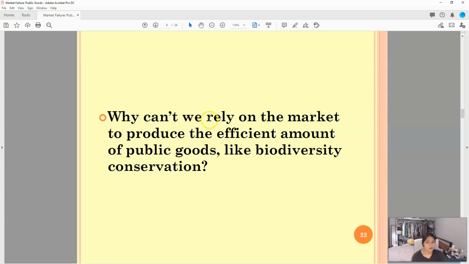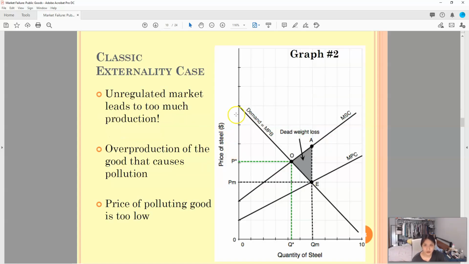So can we rely on the market to produce the efficient amount of public goods? Unlikely, we cannot do that. Why? Think about the negative externality case. Pollution.